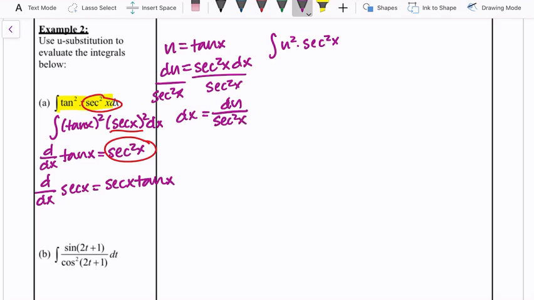So making that substitution, I have du over that. Aha, and then I see my secant squared x's are going to undo each other. So again, we have the integral of u squared du. So now that everything is just u, we're going to anti-derive. So adding 1 to the exponent will be u to the third, dividing by that new exponent and adding c.